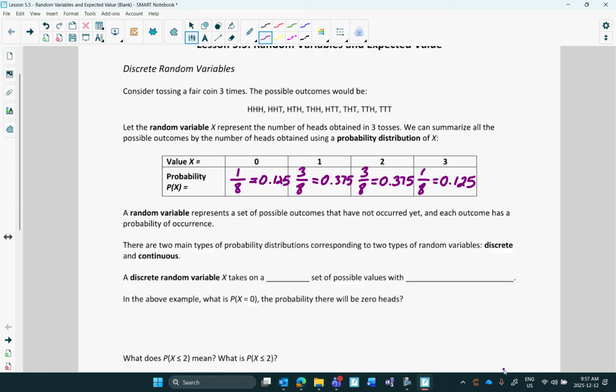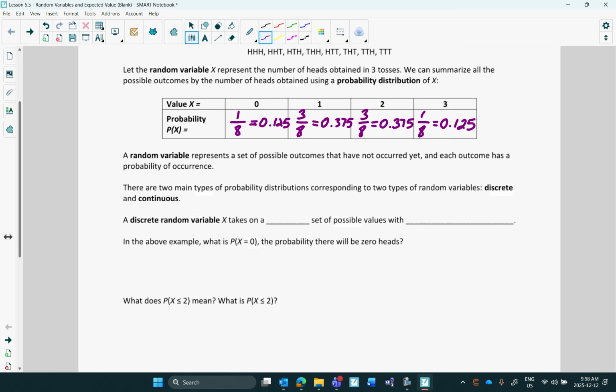I could roll 2 dice, and define a random variable as that the sum will be an odd number, or that the sum will be an even number. Okay, and how many different ways can I get odd numbers? How many different ways can I get even numbers? Same kind of thing.